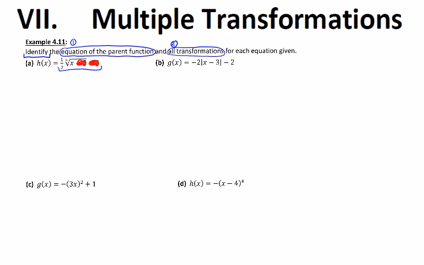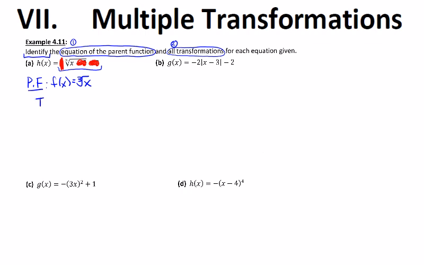I'm not canceling, I'm stripping it away for the moment. And then 1/2, I'm going to take that out for a moment. And what I'm left with is just the cube root of x. That's your parent function. So I'm going to abbreviate that PF, and I'll say f of x equals the cube root of x.